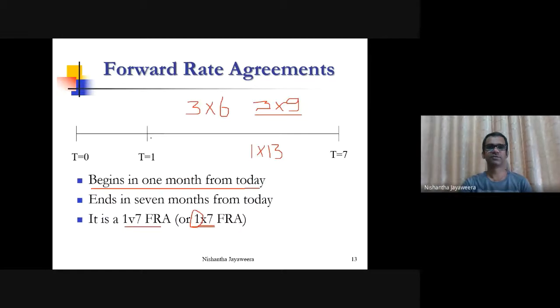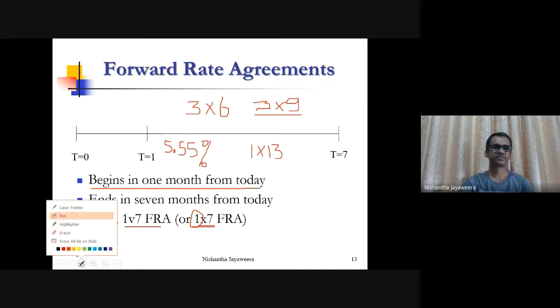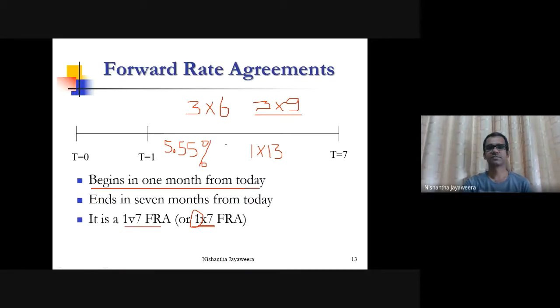That means for this 6 month period, the applicable interest is 5.55%. The agreed rate is 5.4%. This is the fixed rate.